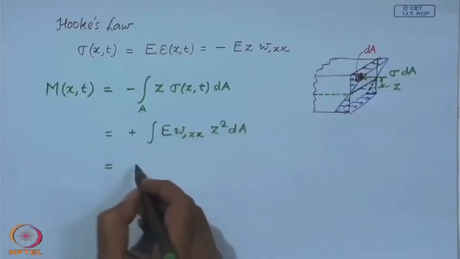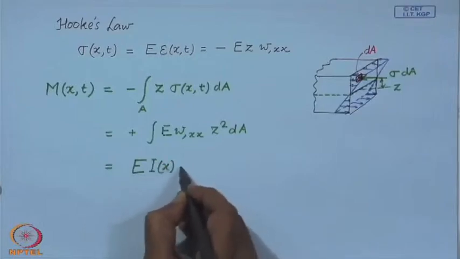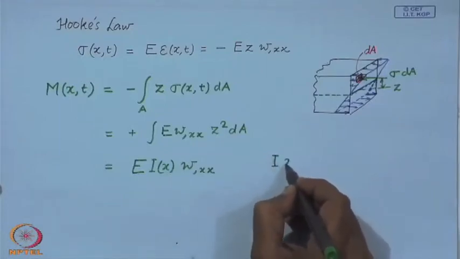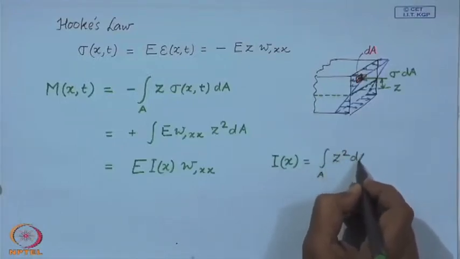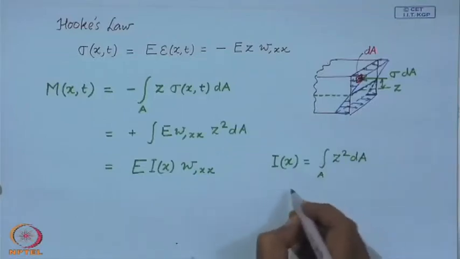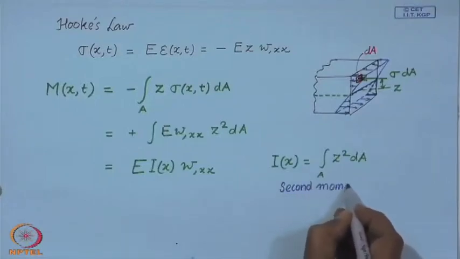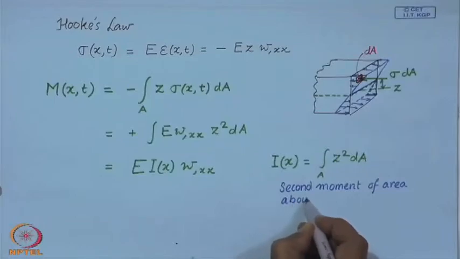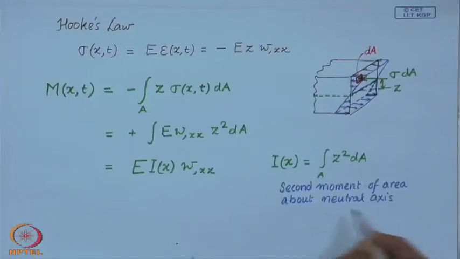So, that can come outside, and what we have here is, where I is known as the second moment of the area about the neutral axis.